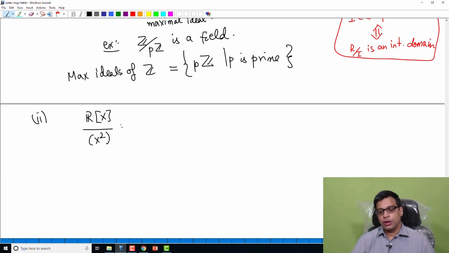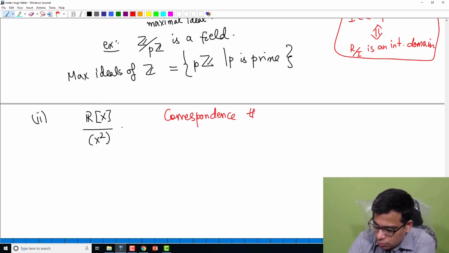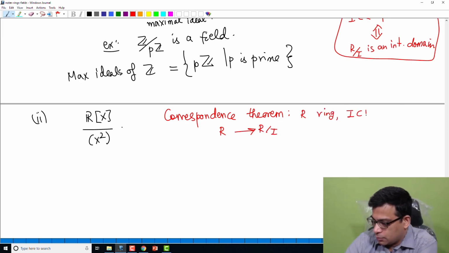Okay, now in order to determine the maximal ideals of this, I am going to recall for you the correspondence theorem. What does the correspondence theorem say? So it talks about R and R mod I. R is a ring, I is an ideal.